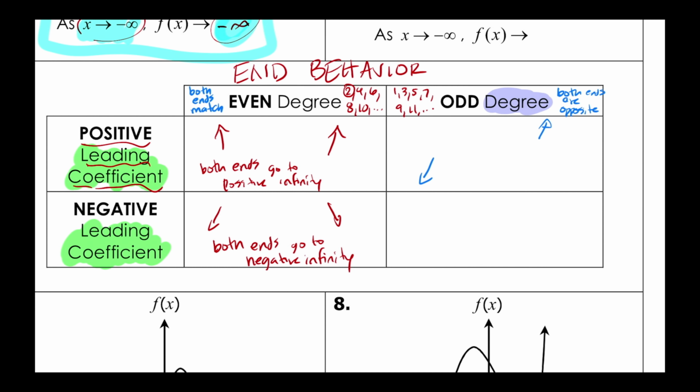And so that means this side is going to positive infinity. Now, if I have an odd degree and a negative leading coefficient, then I'm going to do the opposite. This side is positive infinity, this side is negative infinity.